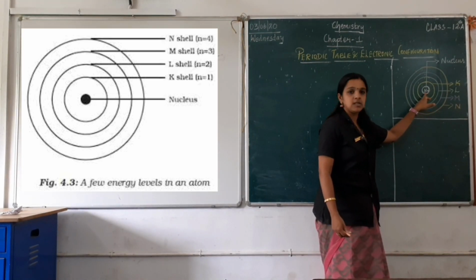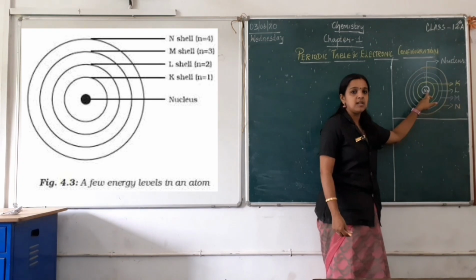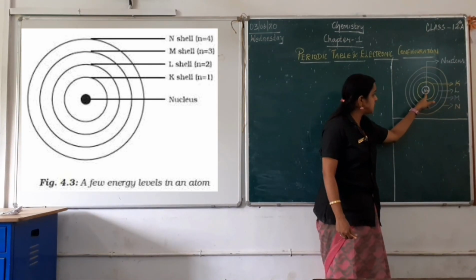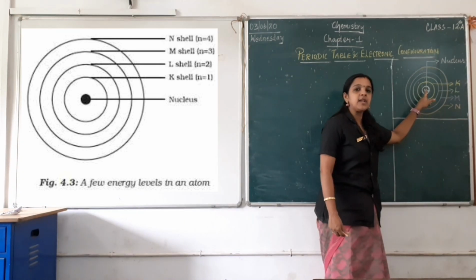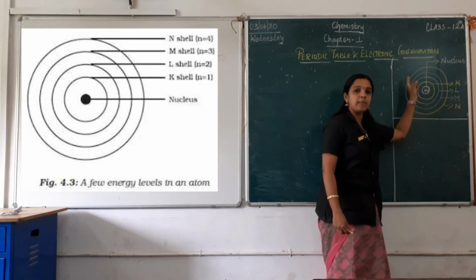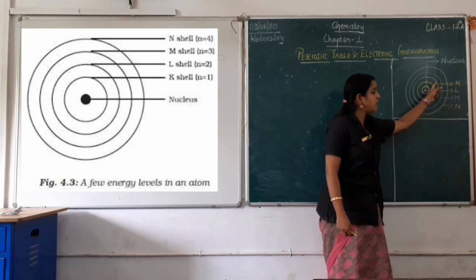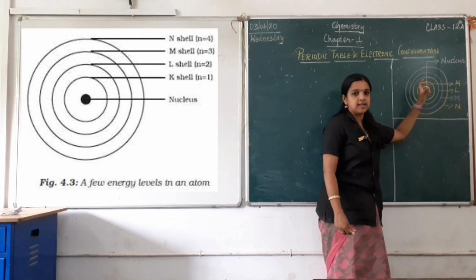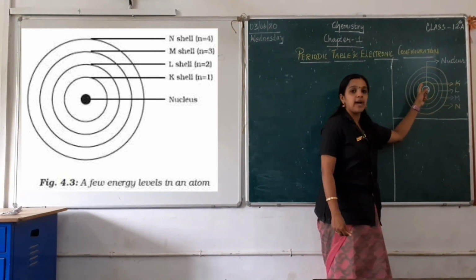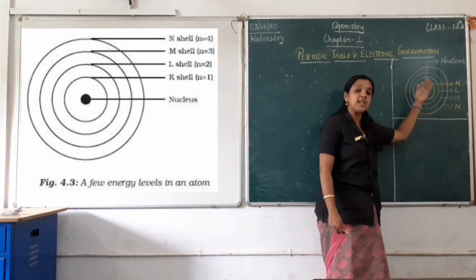Now this white color you can see in the center represents the nucleus of an atom. The nucleus is placed in the center, being positively charged. You can see different color orbits. Each orbit is a circular path, which is called a shell. These circular paths have different energy levels.